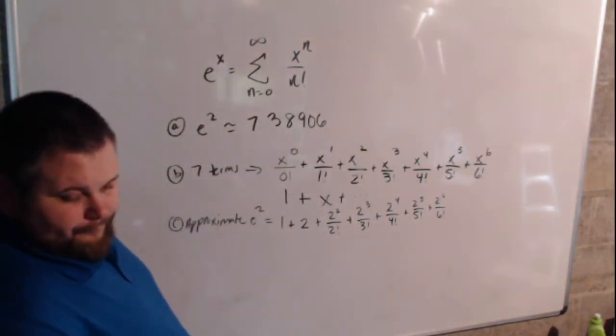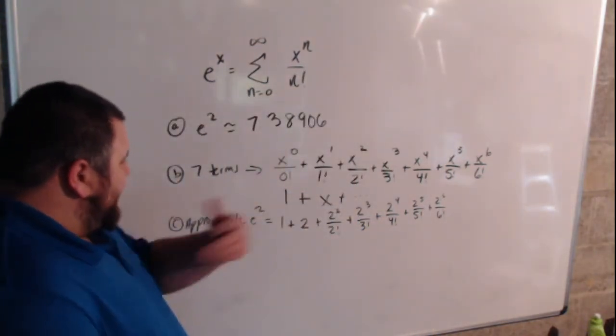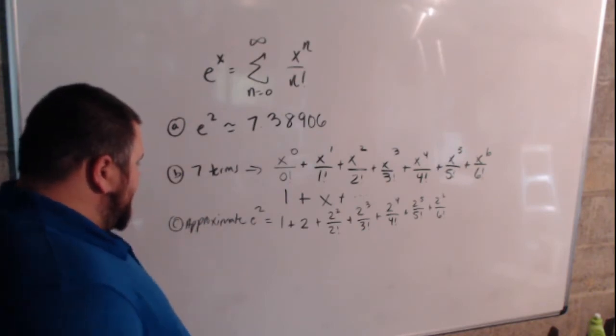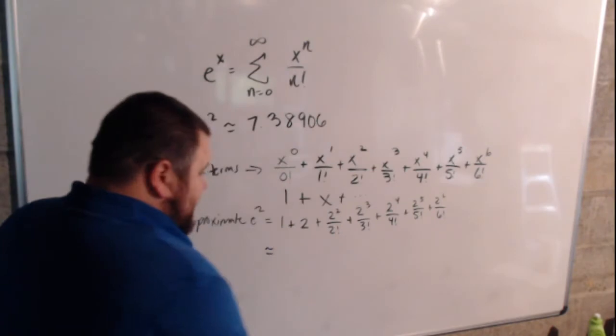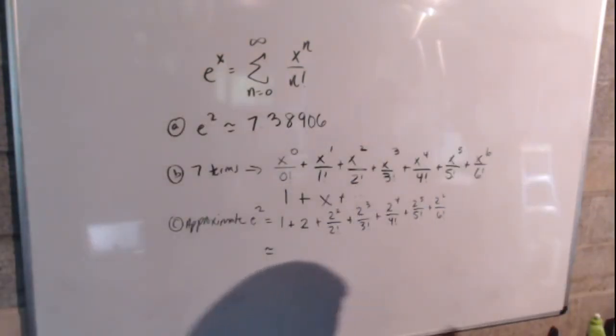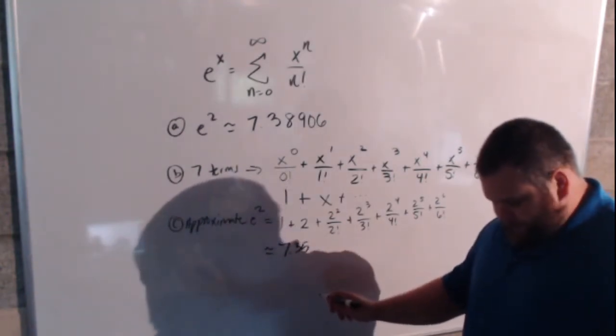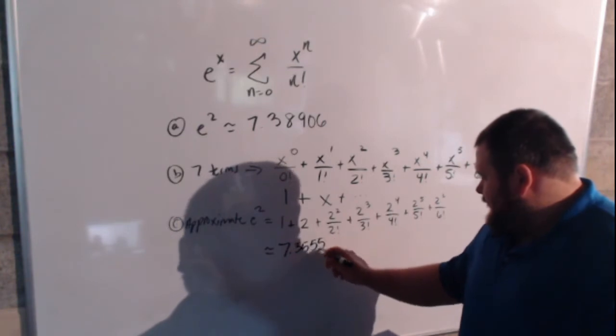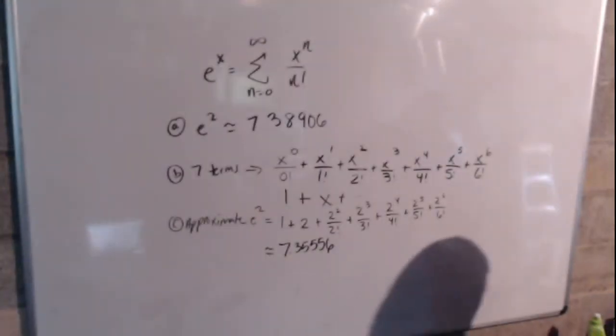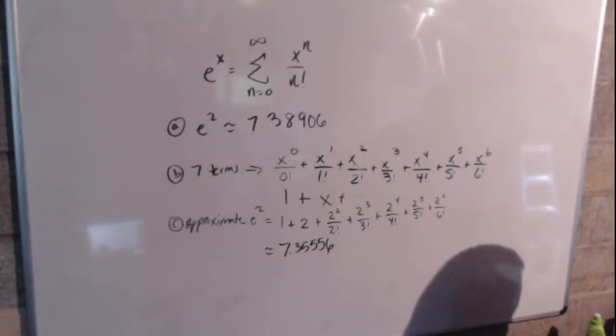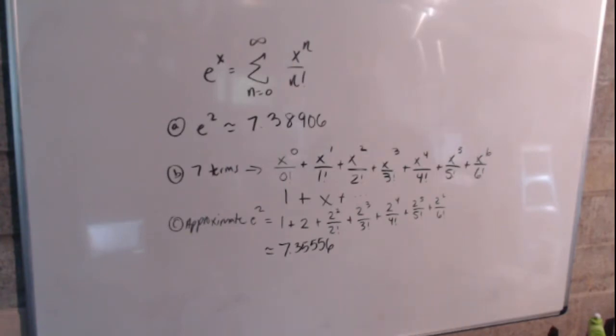And then if 2 is plugged into all of them, you get, as an approximation to e squared, 7.356. Not so bad. It's at least good to 1 decimal place.